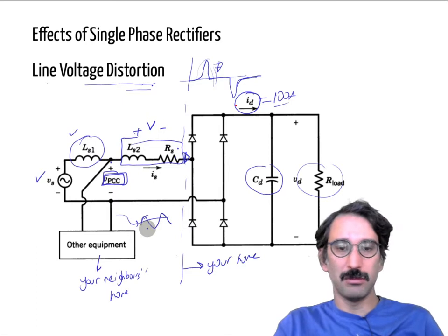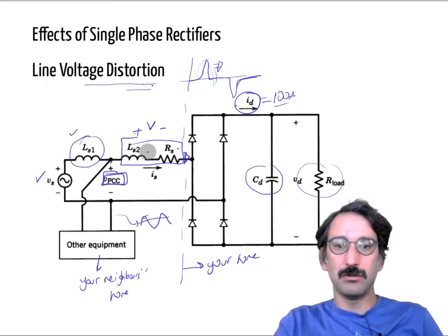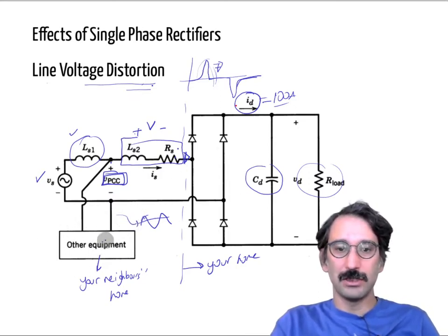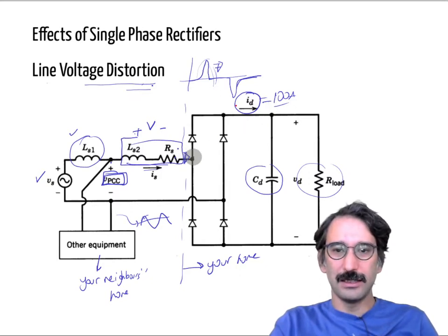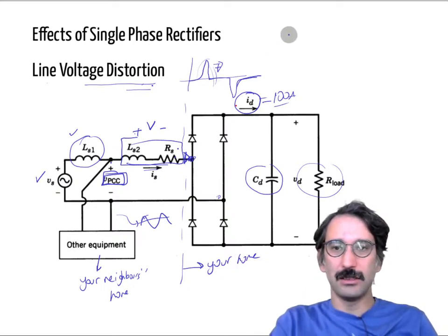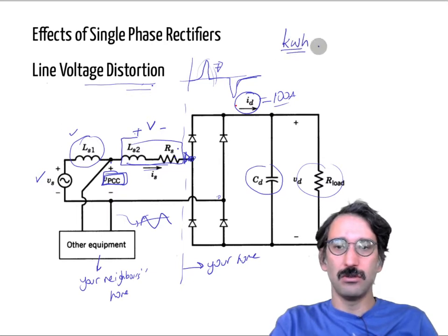Usually it's not a problem for domestic appliances, but assume this is one factory and this is another factory, and if you have some critical equipment, that can have some kind of noise from the neighbor from that effect. On top of the industrial connections, in your domestic homes, if you look at the electric meter, they are just measuring how many kilowatt hours you use.